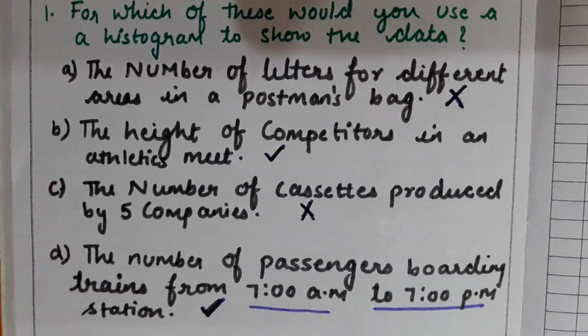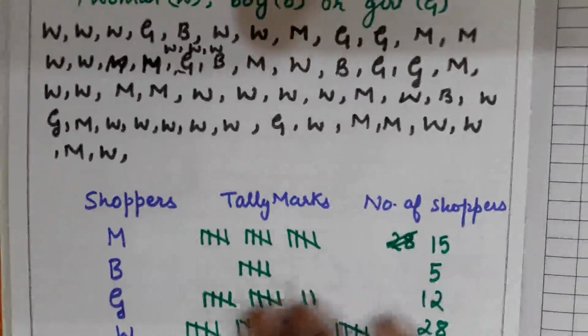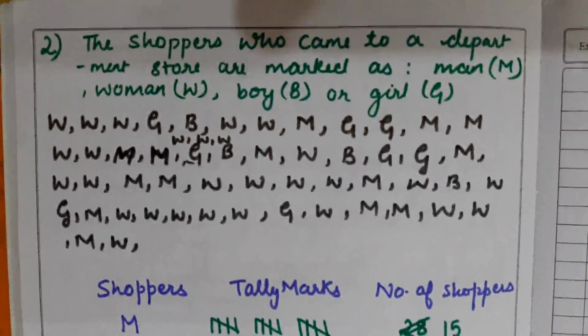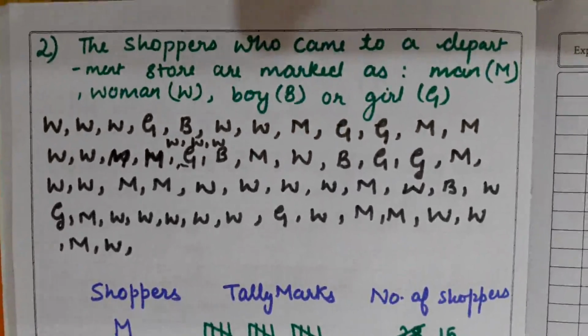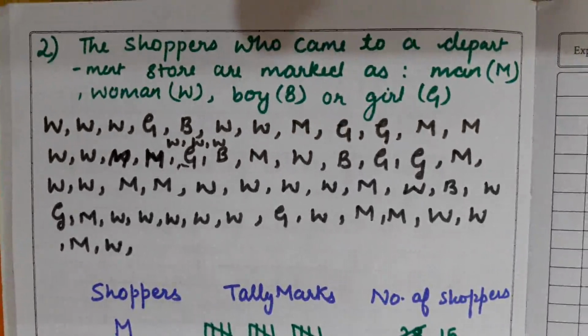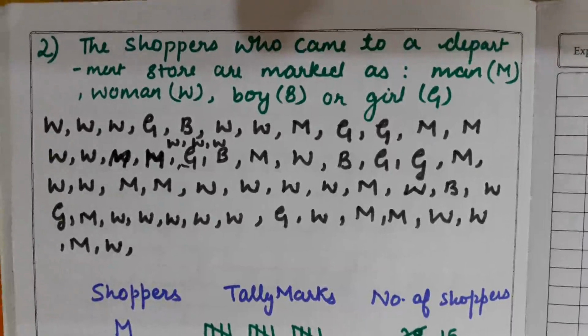Let's move to the next question. See, the next question is about the store. The question is saying that shoppers came to a department store, different persons are coming for shopping.